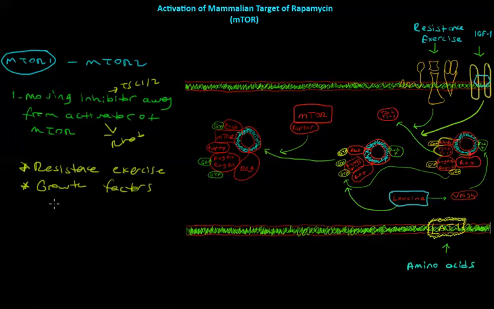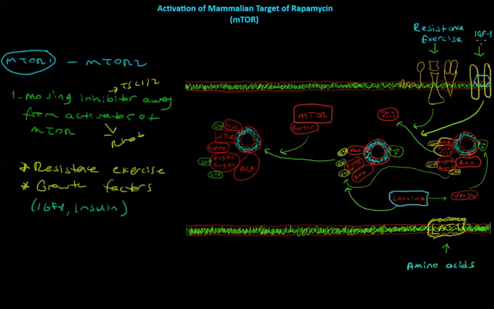Specifically IGF-1, which is very well known, and I've been coming across a lot of people taking this specific growth factor, and also insulin, which is again well known and released by the pancreas beta cells, right?